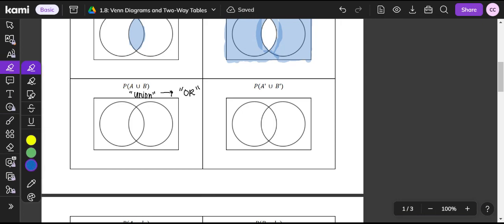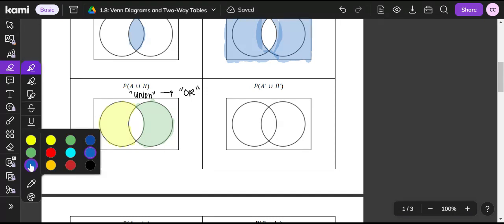We can go A, and we can go B. Actually, let's see, yellow for A. And we can do B. All right.